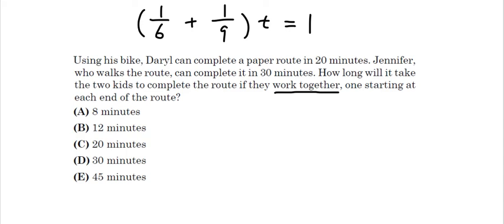So we also can say, like, complete a paper route in 20 minutes, using his bike.